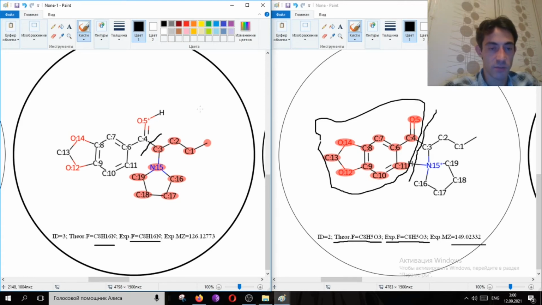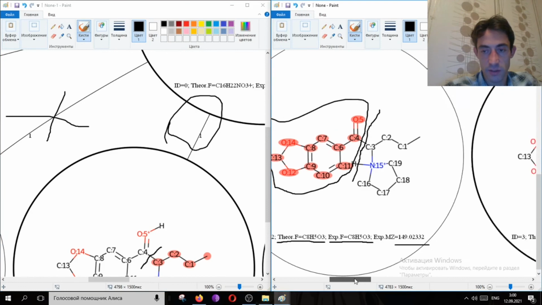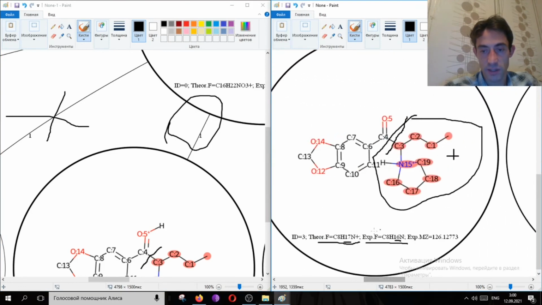So this fragmentation pathway is correct. And here you can say that if nitrogen is protonated, they are different. Those formulas are different.